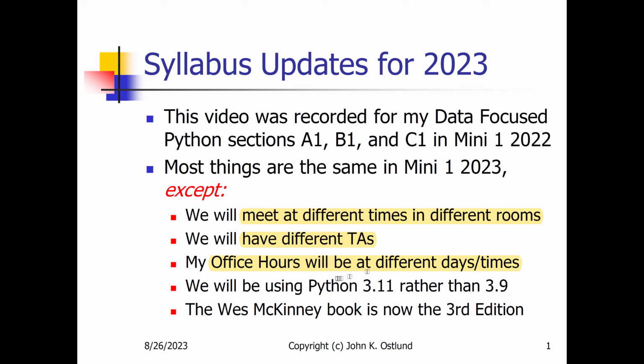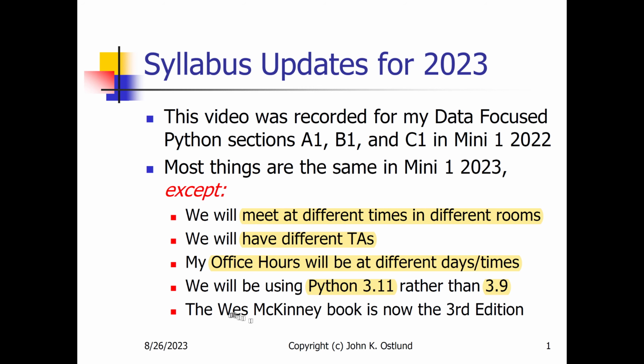And we will be using Python version 3.11, which became available as part of the Anaconda package in July of 2023, as opposed to the ever so slightly older 3.9 that's referred to in the video.